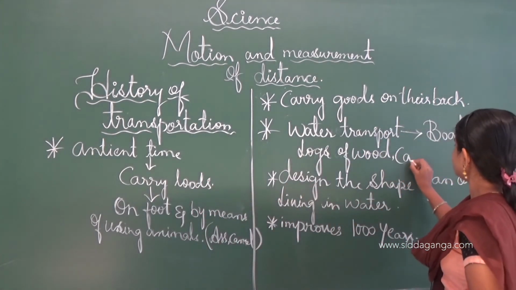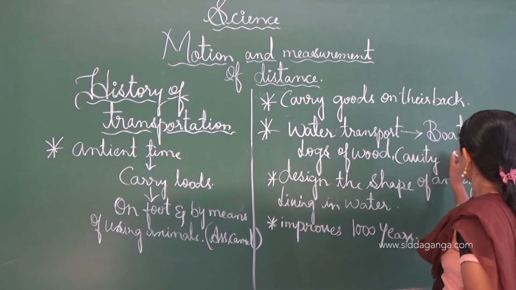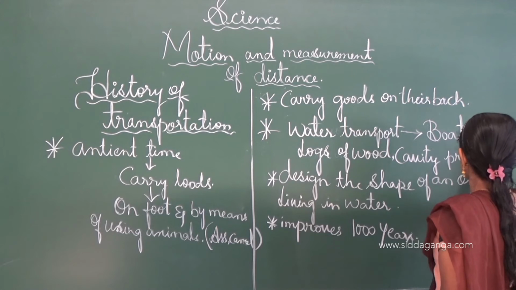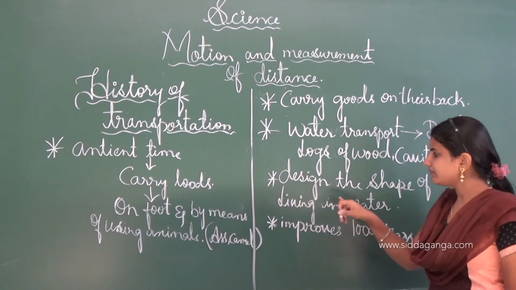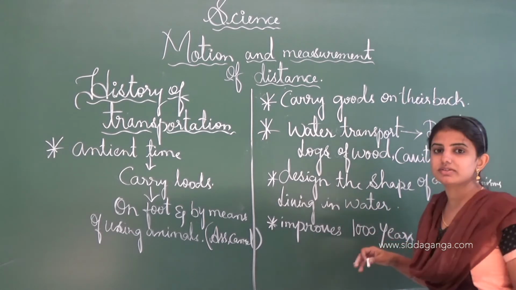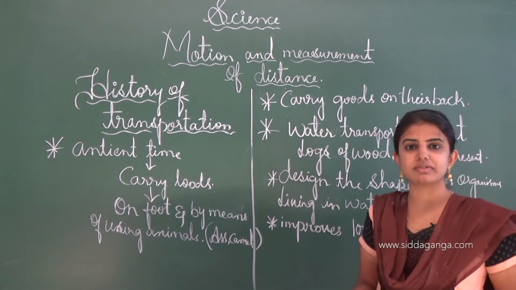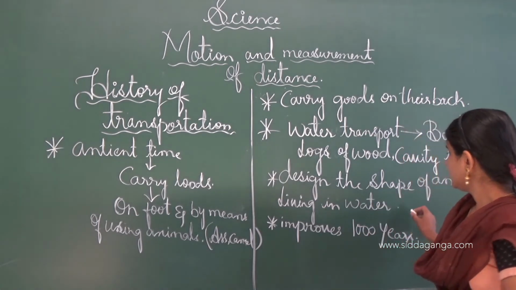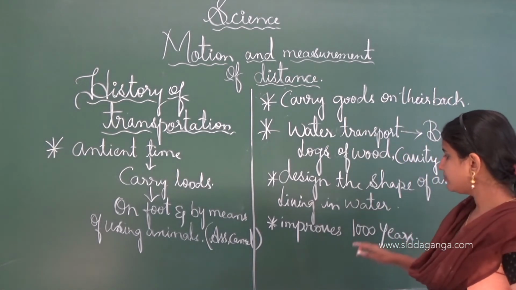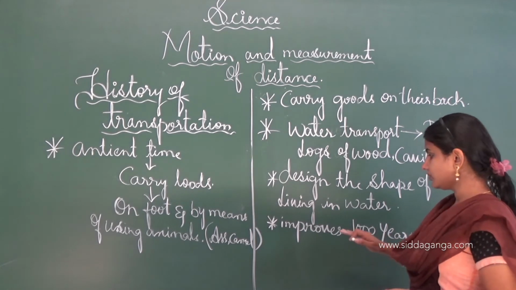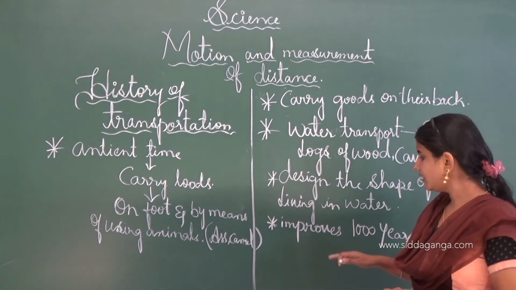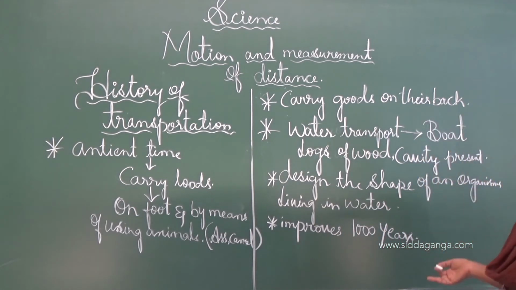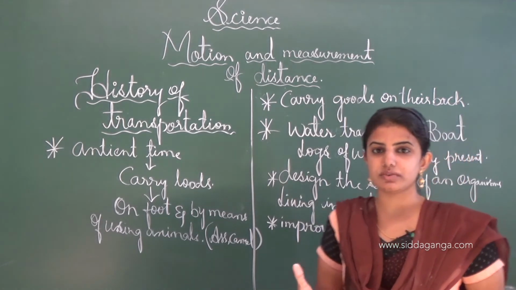The cavity is made in the boat, and thereafter they design the shape like living organisms present in the water, a streamlined shape in the water. This design improves over thousands of years, and this is how they made use of the boat.